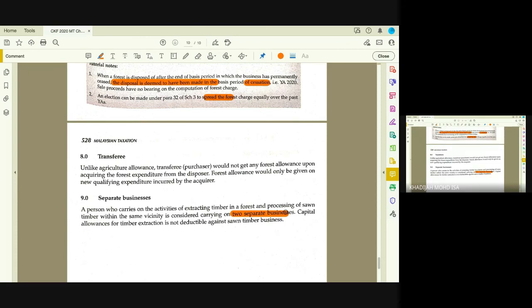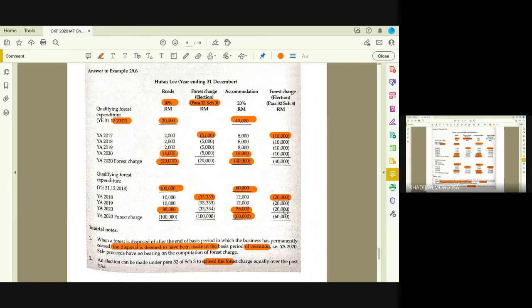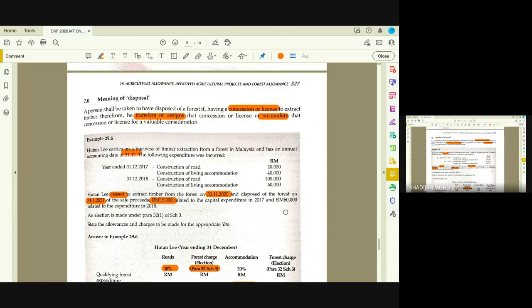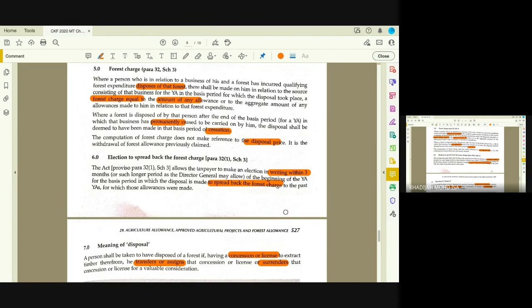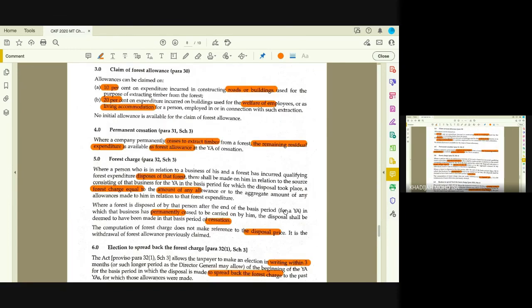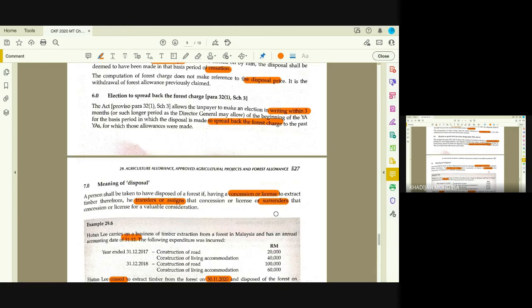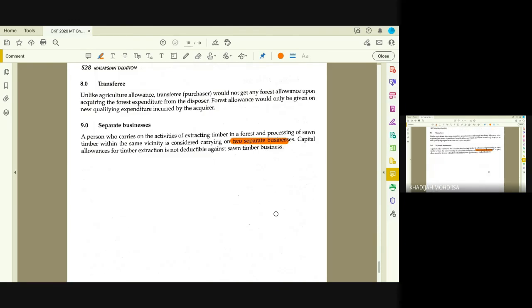All this is interrelated as one business. But in the forest, the capex is only on the extraction of the timber. No, sorry, not like that. The 10% is on special income on constructing roads or buildings, and 20% is on the welfare of employees or living accommodation. Other than that, it is non-qualifying.